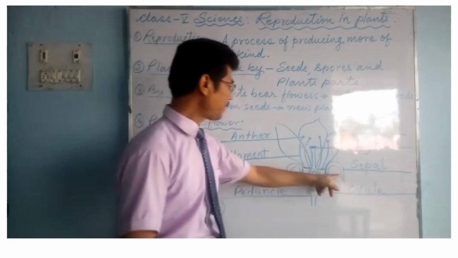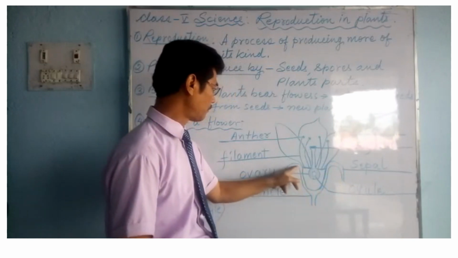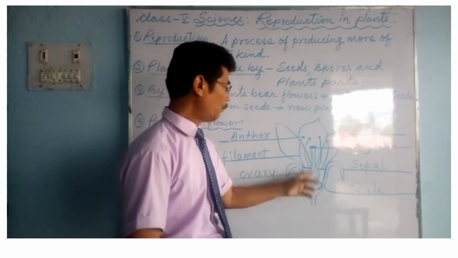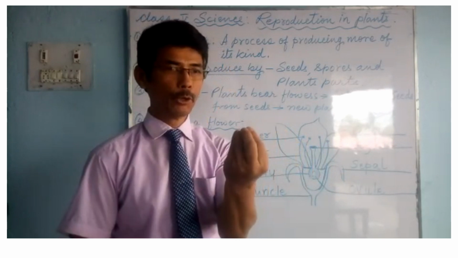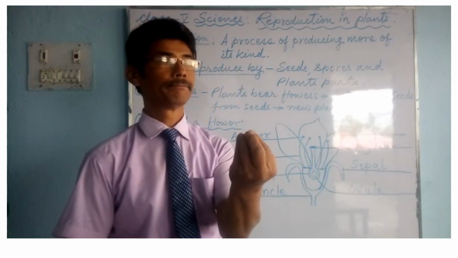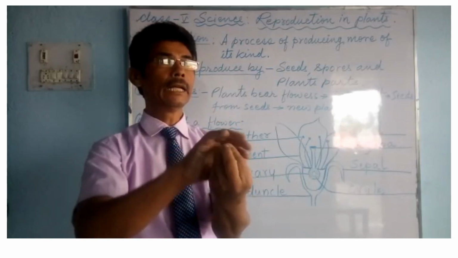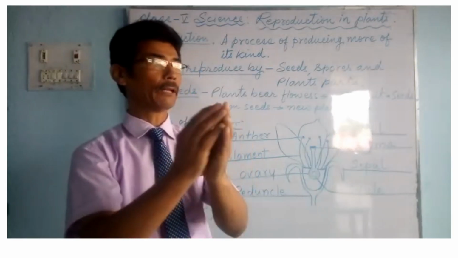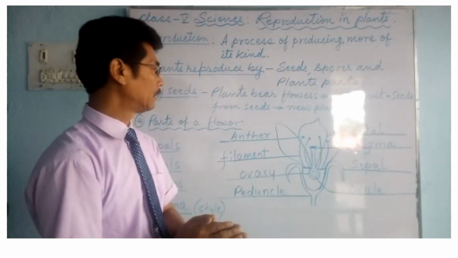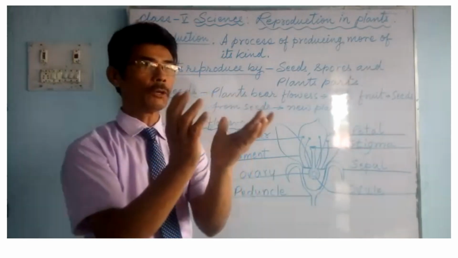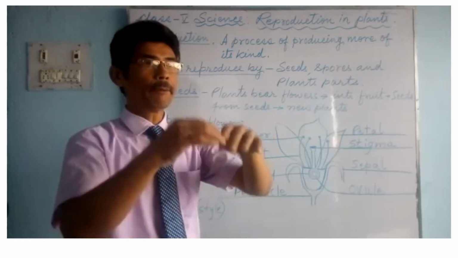Sepal. This is the sepal. When the flower has not bloomed, it is a bud. Before opening the flower, it is covered by a green leaf. That is called a sepal. When the flower opens or blooms, the sepal bends down.